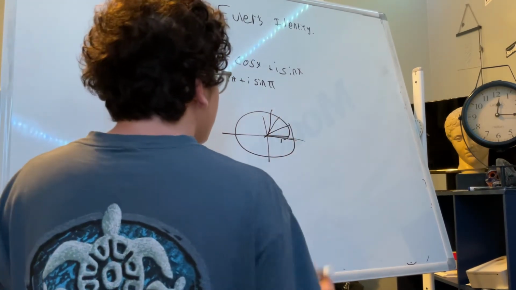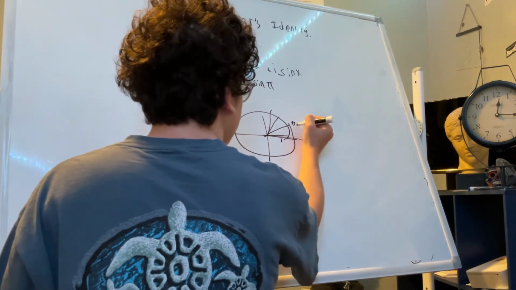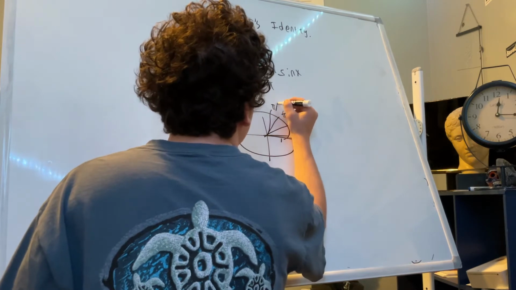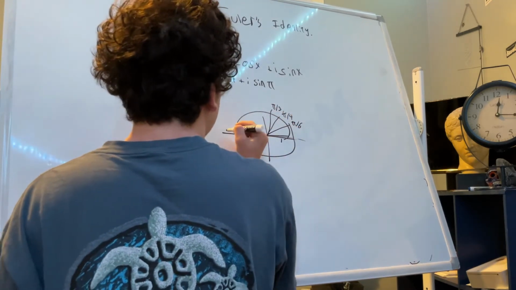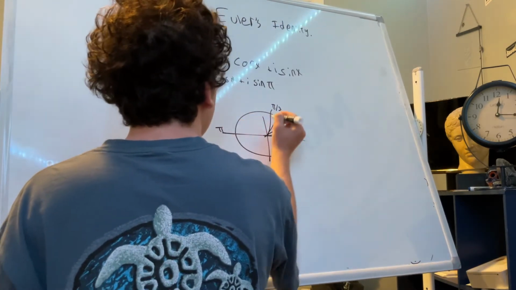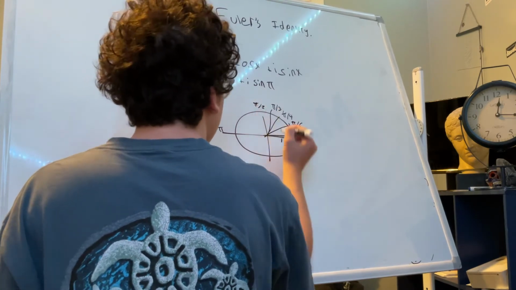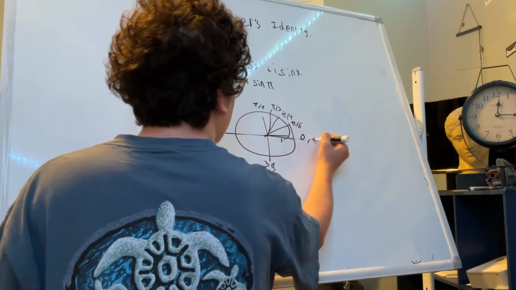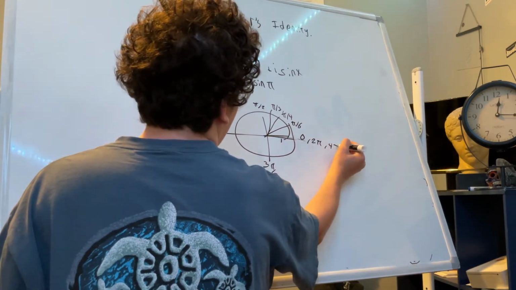This being pi over 6, pi over 4, pi over 3. A reiteration of that to here, where this is pi over 2, this is 3 pi over 2, and this is 0, 2 pi, 4 pi, etc.